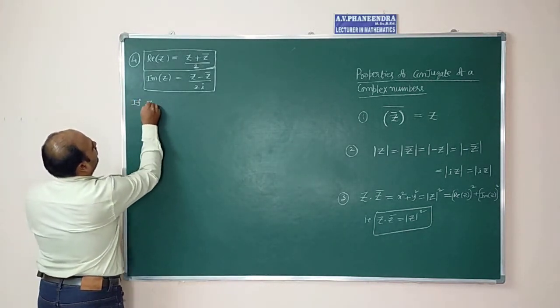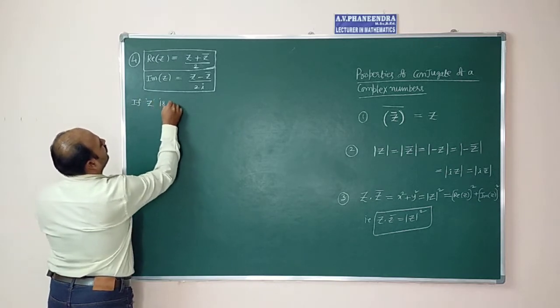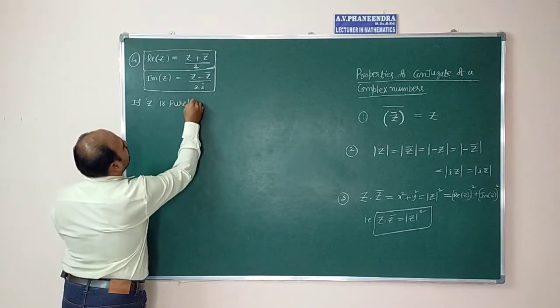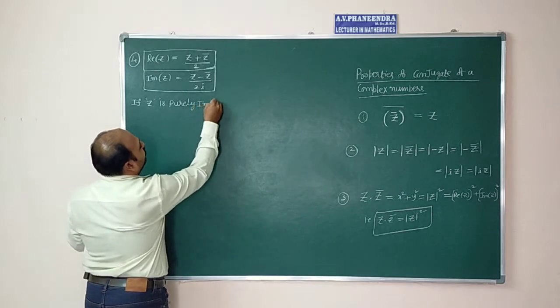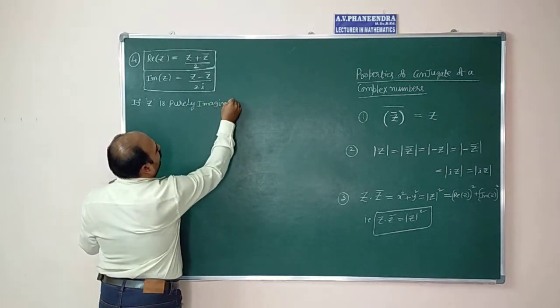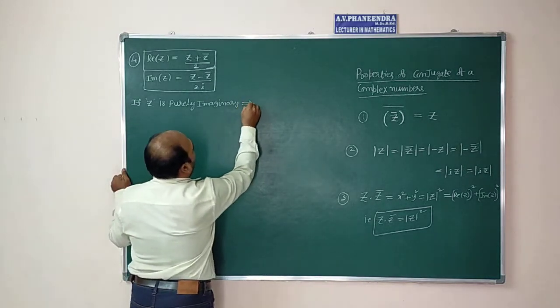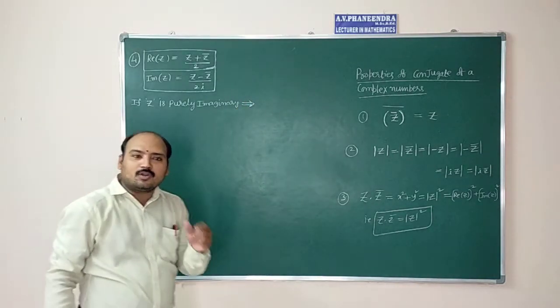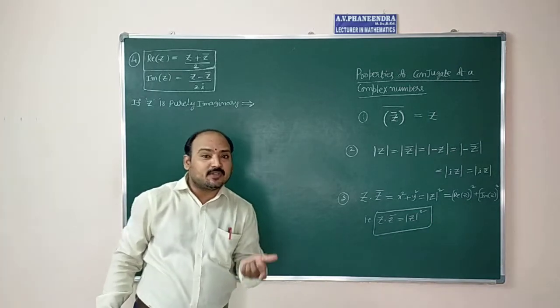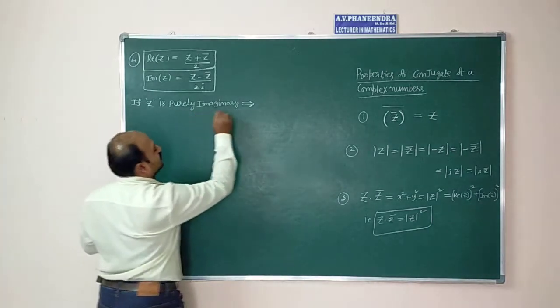One is, if z is purely imaginary. Whenever z is purely imaginary, the real part of z is equal to 0.